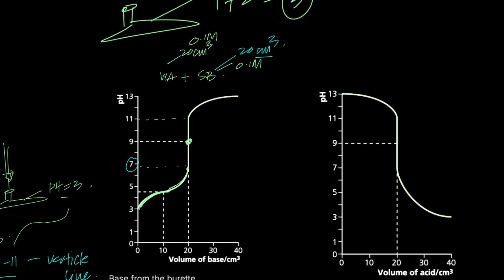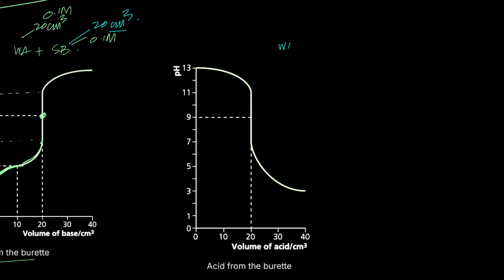But if you had weak acid plus strong base, but the strong base was in the conical flask, then you start off with pH 13. Yes sir, start off with pH 13, and from pH 11 till pH 7, that's basically the vertical line right there, and pH 9 is the equivalence point. So pH 11 to 7, and you need to know this, unfortunately.